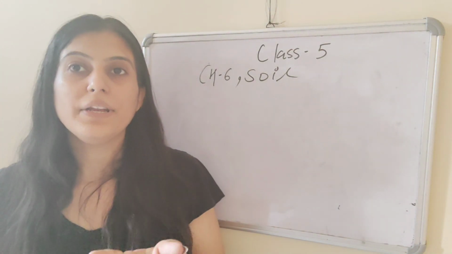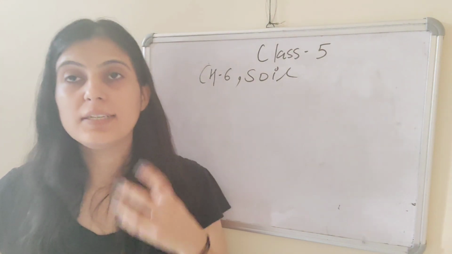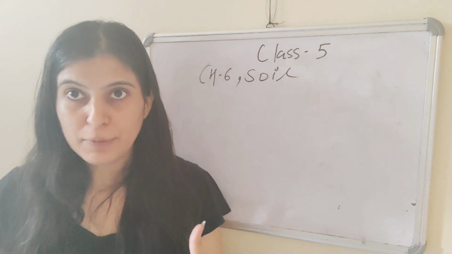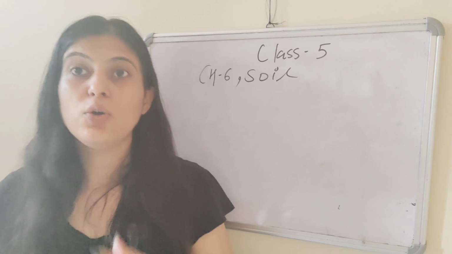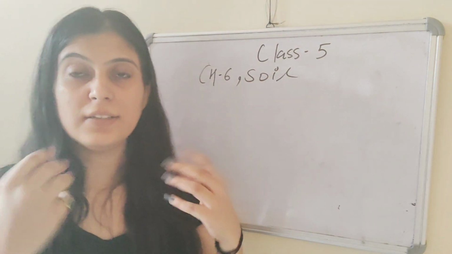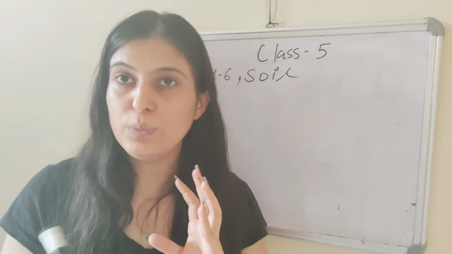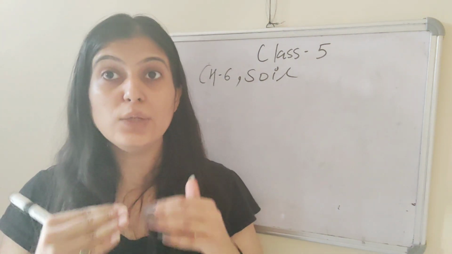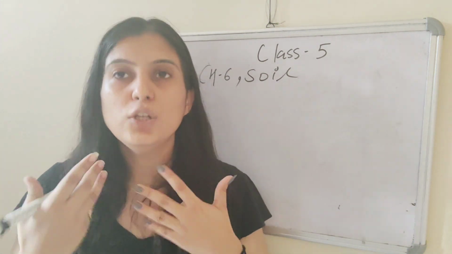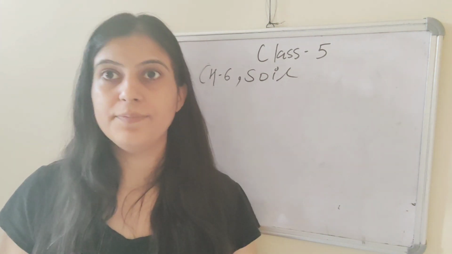What is organic matter? It consists of dead plants and animals, which is commonly called humus. Soil particles, clay particles and rock particles have spaces in between them which hold the air and water. That's how it is very suitable for the plants to grow.